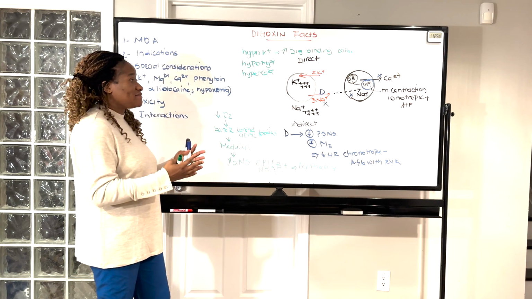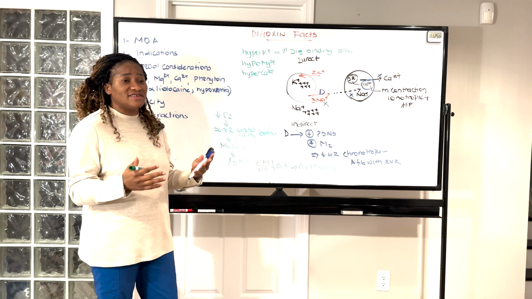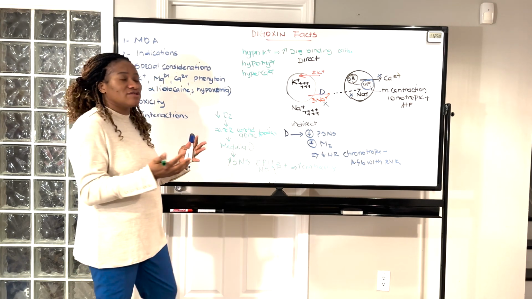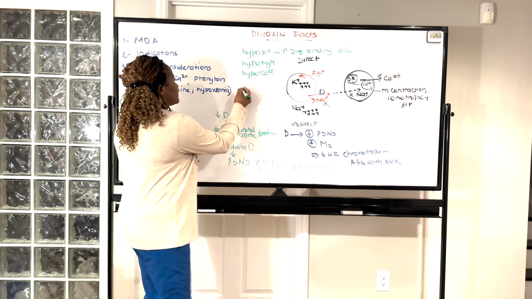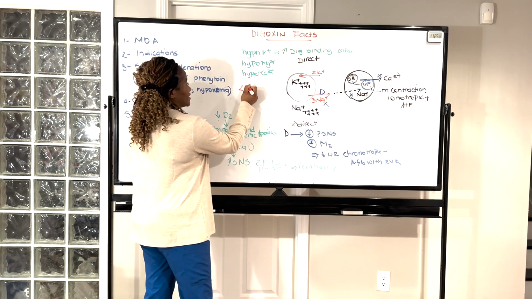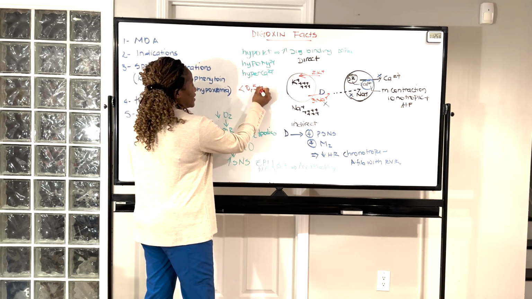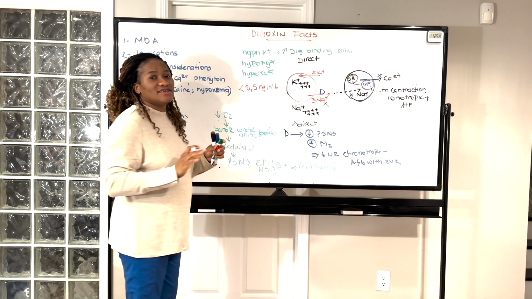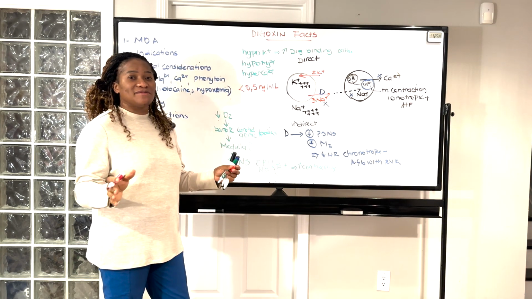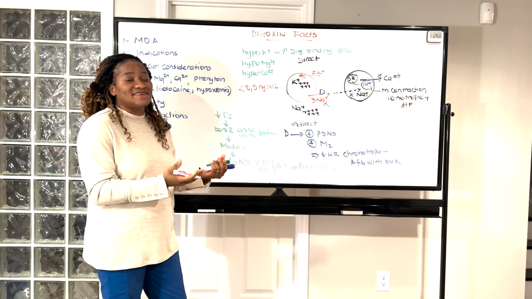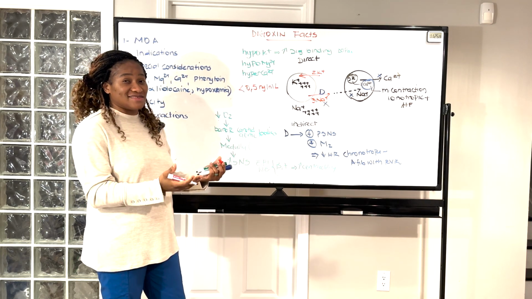Now, if you have that patient on digoxin and he has these GI symptoms, and you draw a blood level of your digoxin, if your blood level is less than 0.5 nanogram per ml, you can say no, these GI symptoms are not indicative of digoxin toxicity.